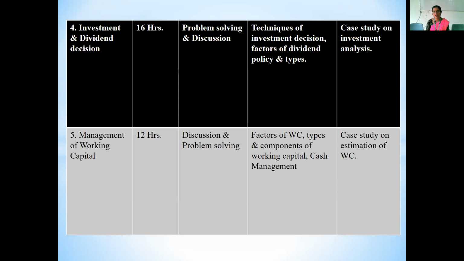In order to determine which is the most appropriate project for investment, we will be using various techniques called investment decision techniques, which are both traditional as well as modern in nature.